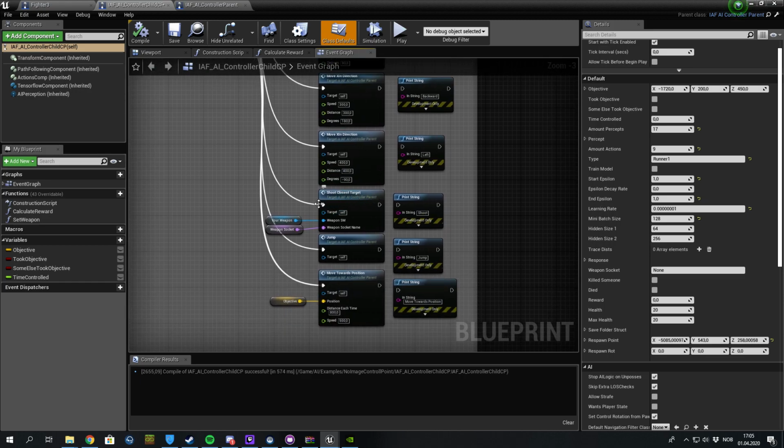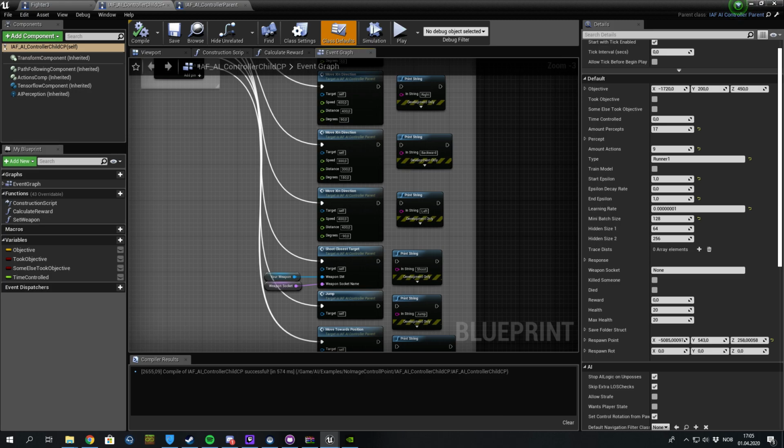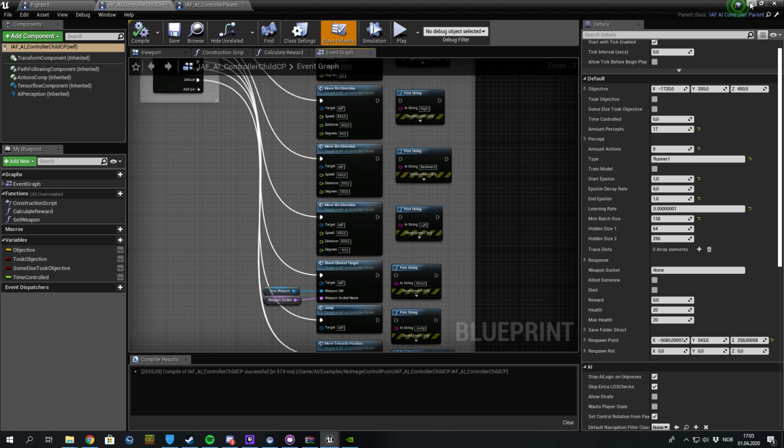Other than that, we have shoot at the closest target, which calculates what the closest target is that it can actually see. If it can't see any target, it will just shoot straight forward. Other than that, we have jump, and the one I talked about, move very slowly towards the goal.